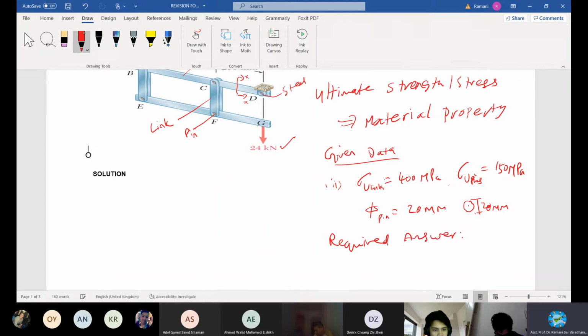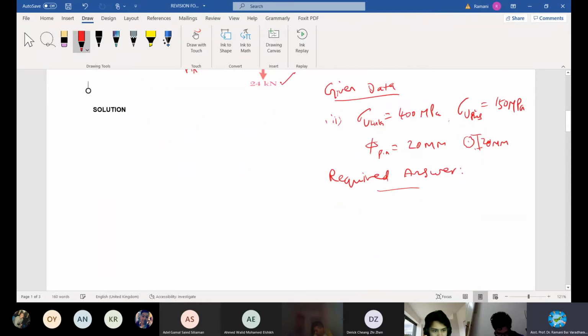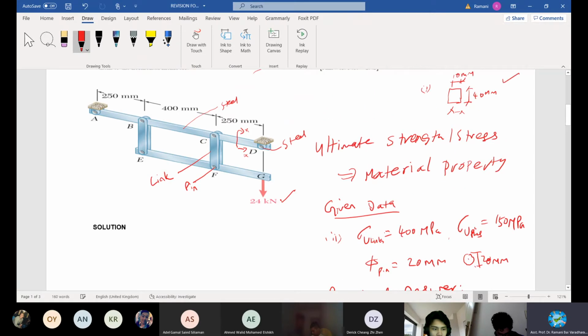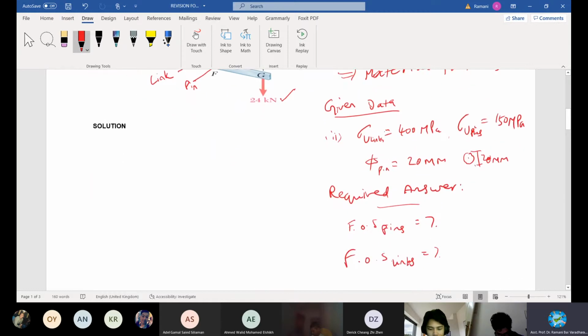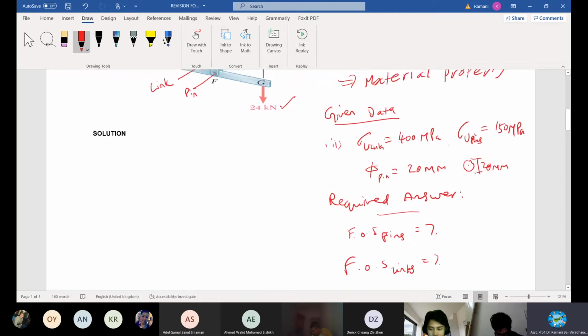The required answer or the solution will be: you need to find factor of safety for the pins, factor of safety for the links. Okay, how much is the value for the links and the pins, put together in this frame?